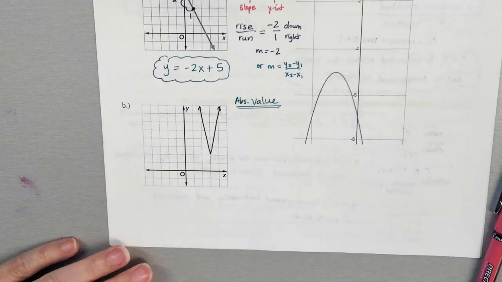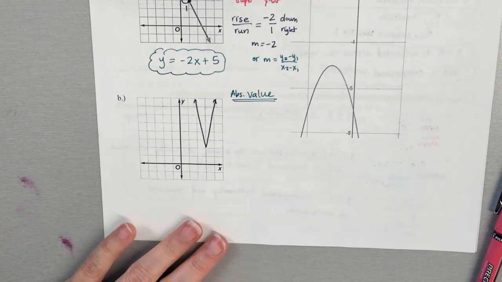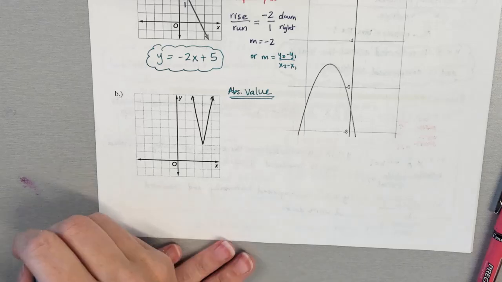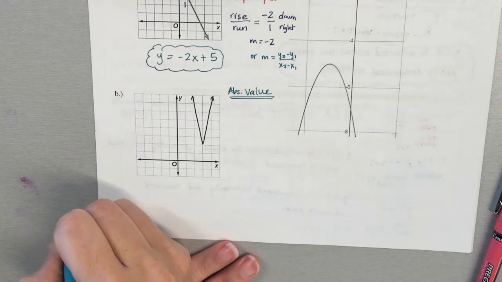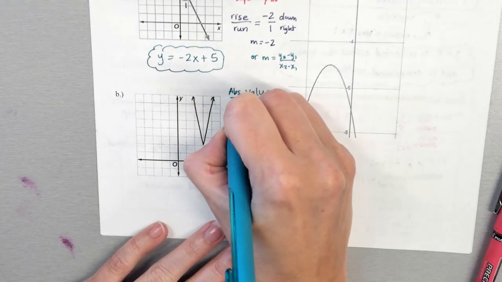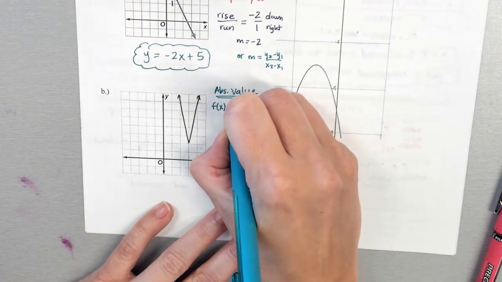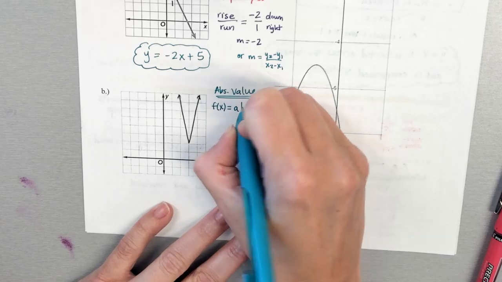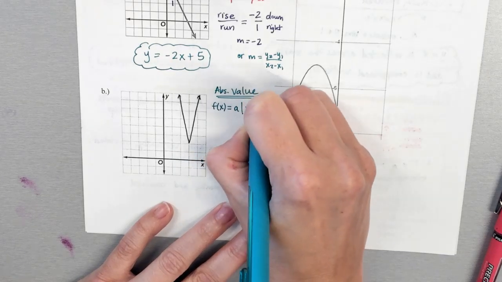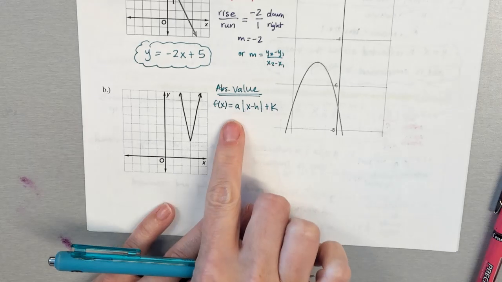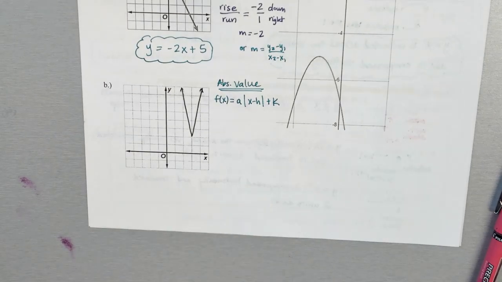I did leave one little part off though that we're going to talk about today. In your absolute value equation, if there's a stretch or compression, there's a value on the outside that we call A. So we're just going to add that into it today.